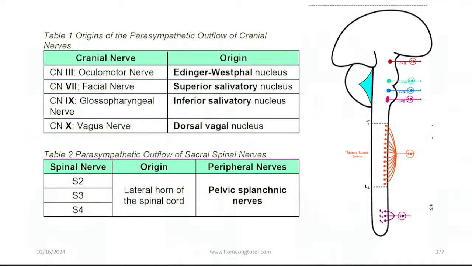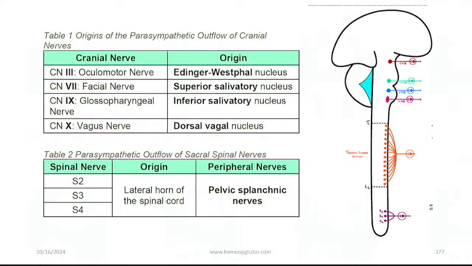Okay, from where does this parasympathetic outflow originate? It originates from the cranial nerves. So these names you remember: Edinger-Westphal in case of oculomotor, superior salivatory and inferior salivatory in case of facial and glossopharyngeal, and also dorsal vagal nucleus in case of vagus nerve.